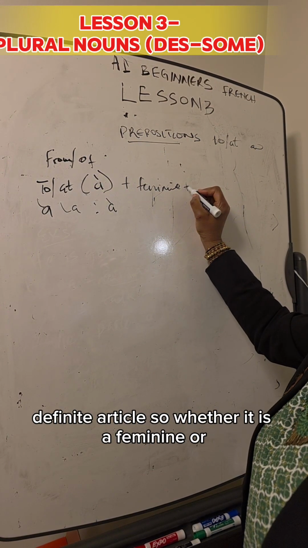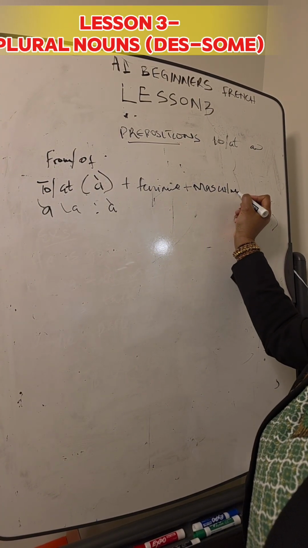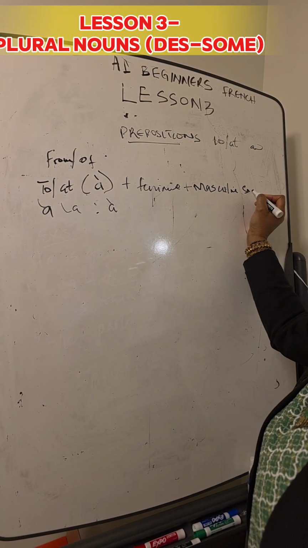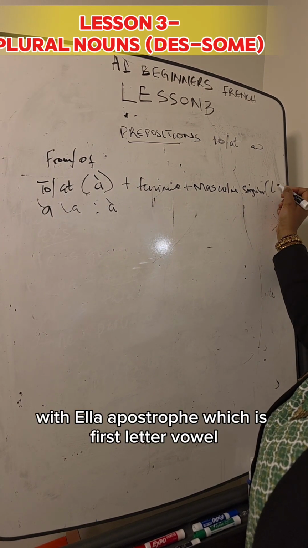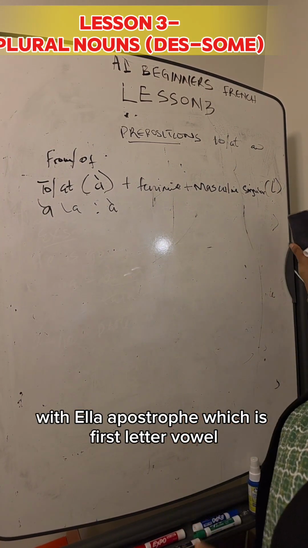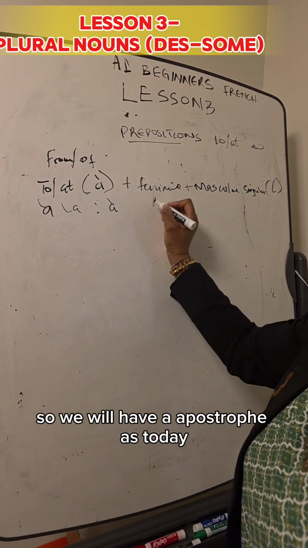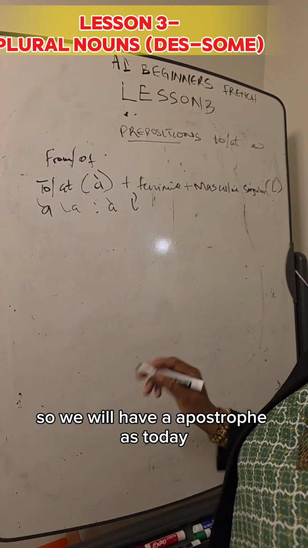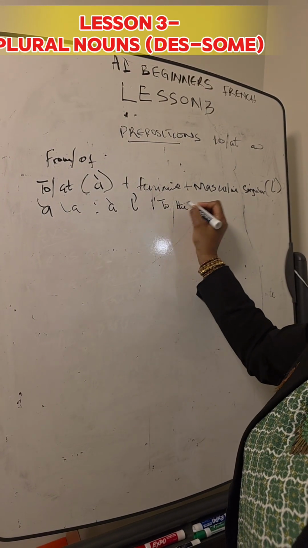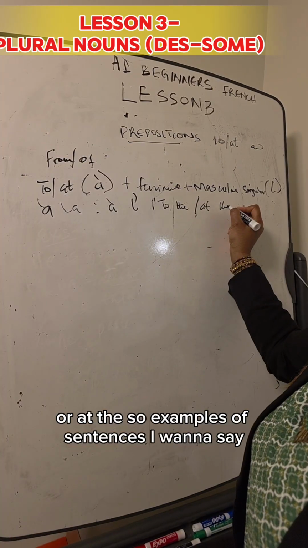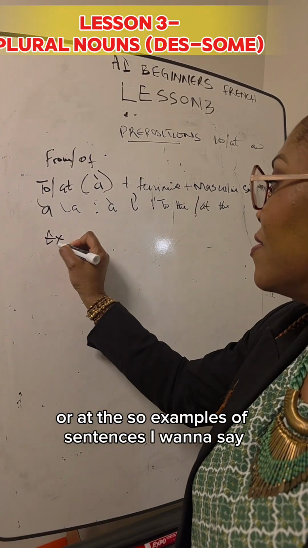So whether it is a feminine or masculine singular with L apostrophe, which is first letter vowel, we will have a L apostrophe as to the or at the. So examples of sentences.